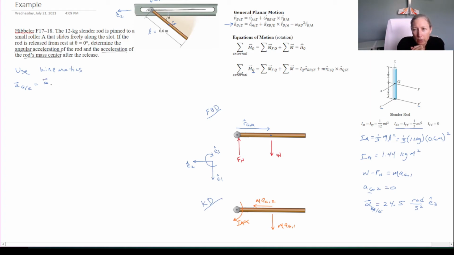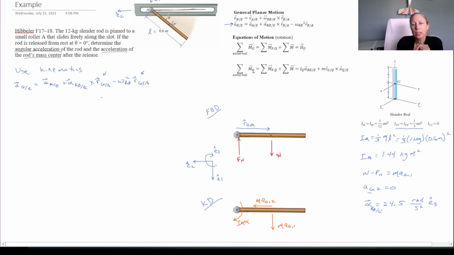So here's the acceleration of A as seen from E plus alpha cross the position of G as seen from A minus omega squared times the position of G as seen from A. So if you chose to view this as point A rotating around point G, you would just translate this as the acceleration of A as seen from E equals the acceleration of G as seen from E, and then alpha would be the same, omega would be the same, but the position vectors would be the opposite.